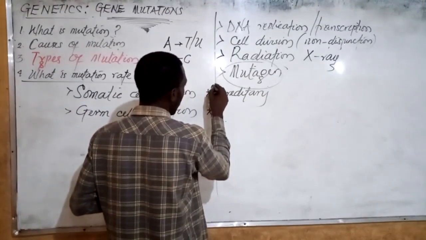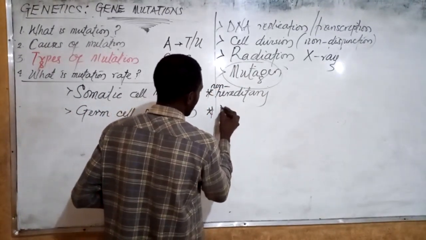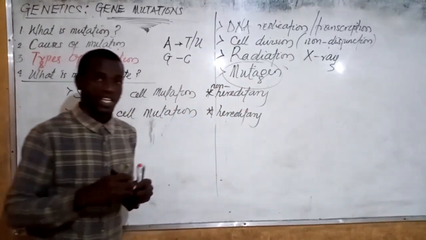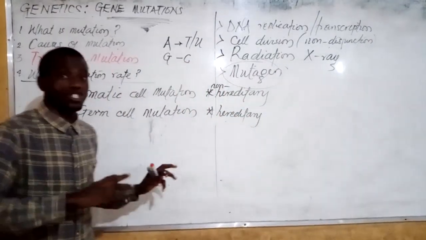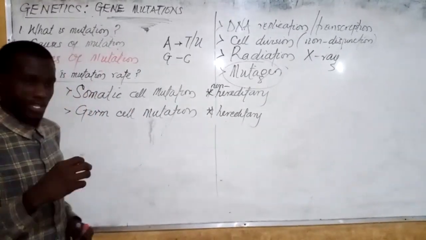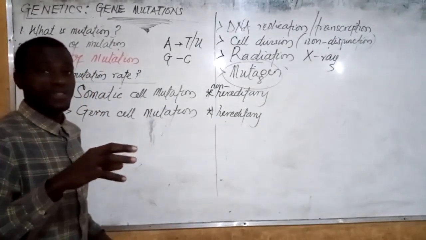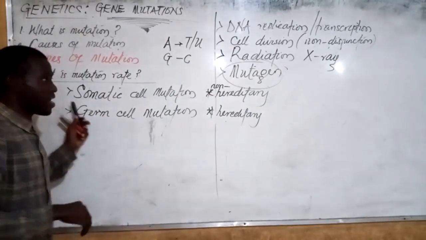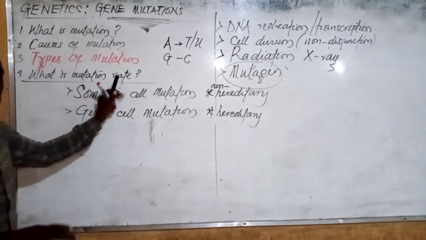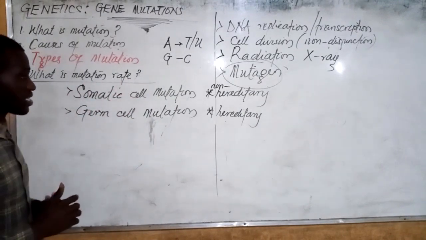So this one is non-hereditary, while this one is hereditary. That alteration will be carried on to the next generation. And of course, this is where mutation rate actually comes into play, but we're going to talk about it in just a second.